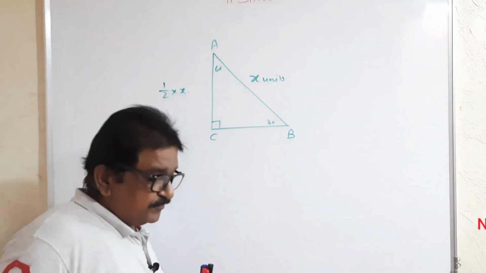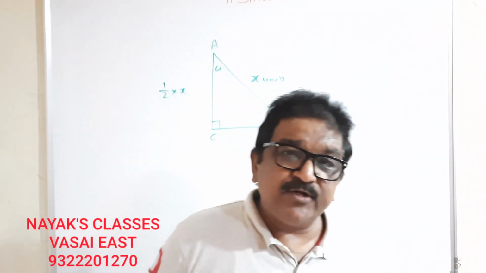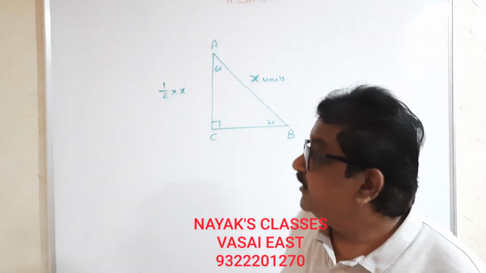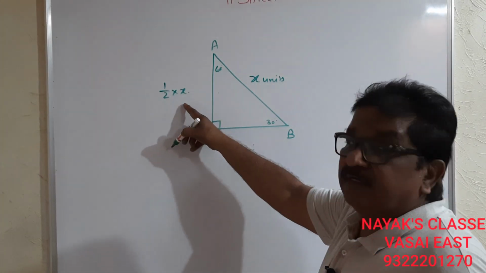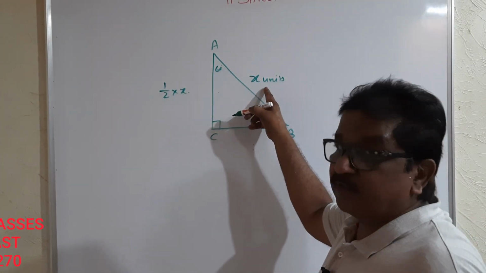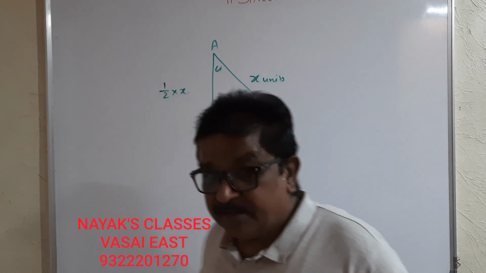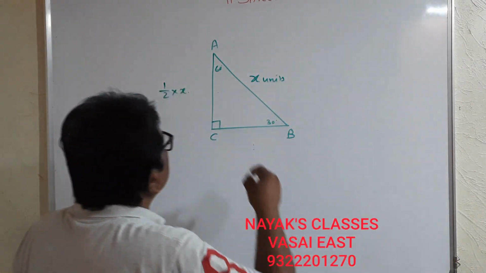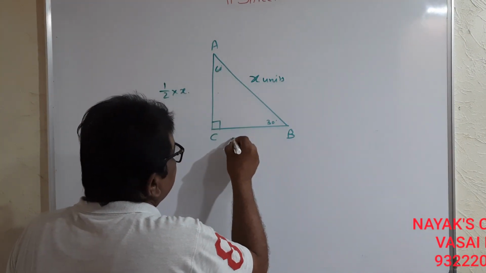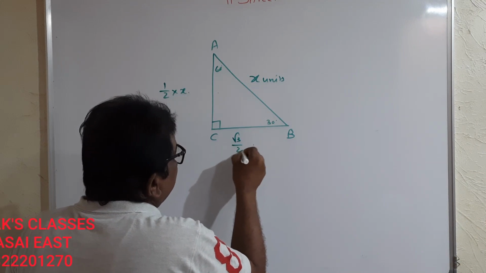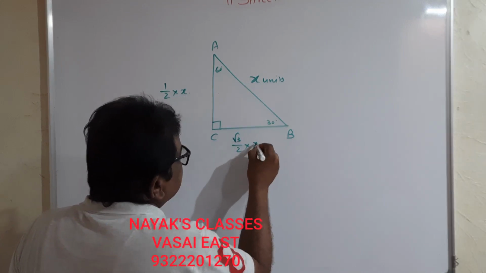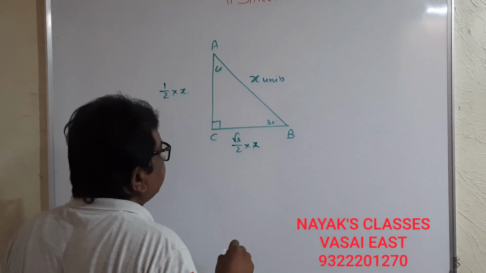The length of the side opposite to 30 degrees is half of the hypotenuse, and the side opposite to 60 degrees is root 3 upon 2 into the length of the hypotenuse.